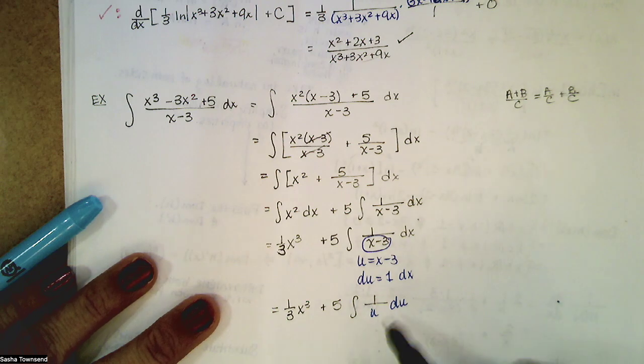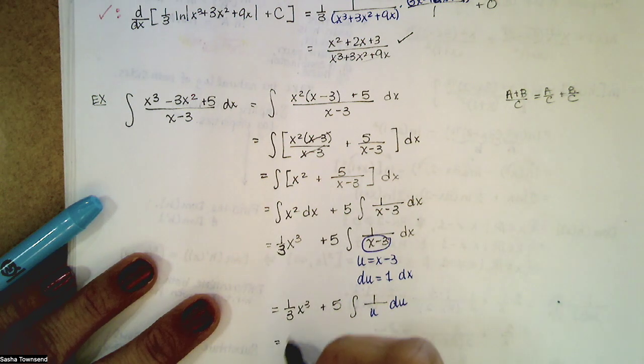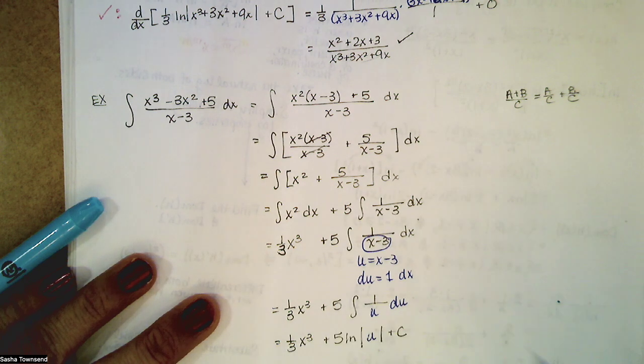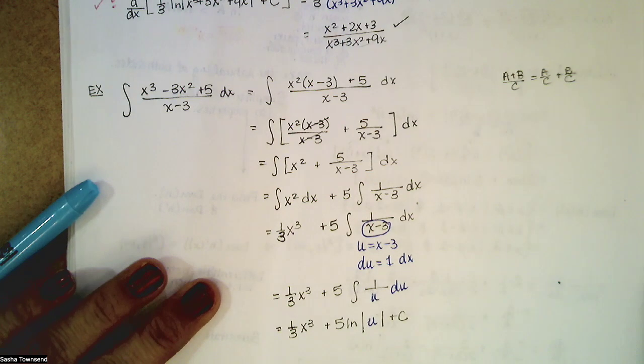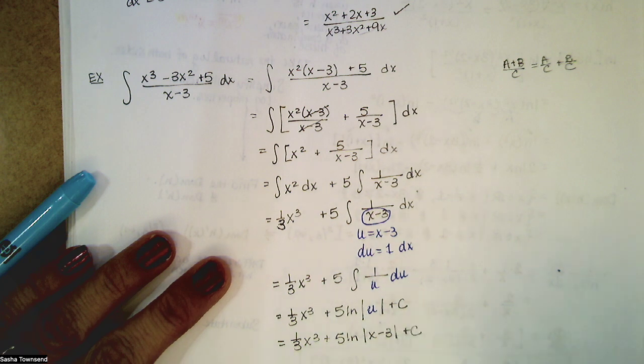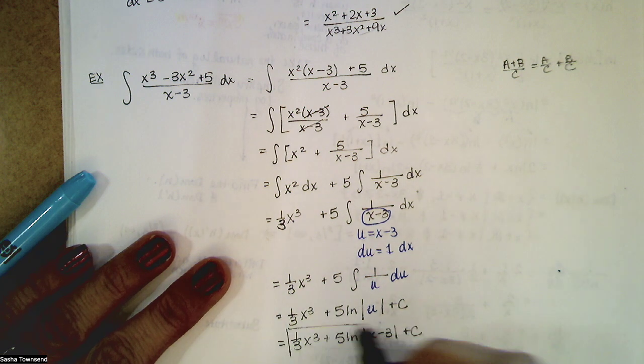That's going to be natural log of the absolute value of u plus c. And then finally, we back substitute u is x minus 3. That's our antiderivative.